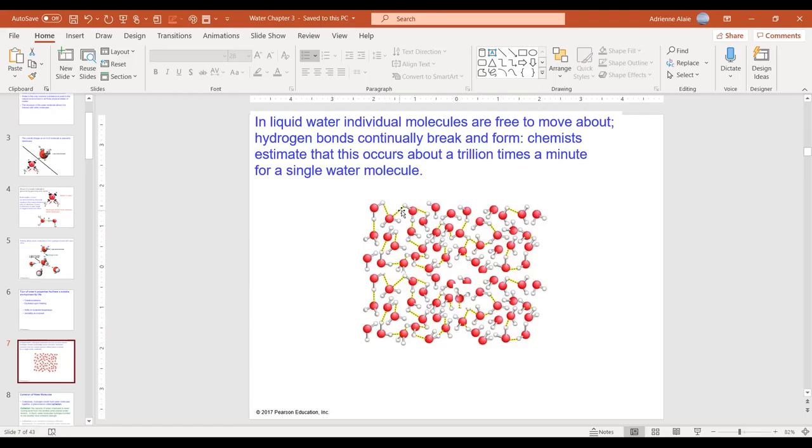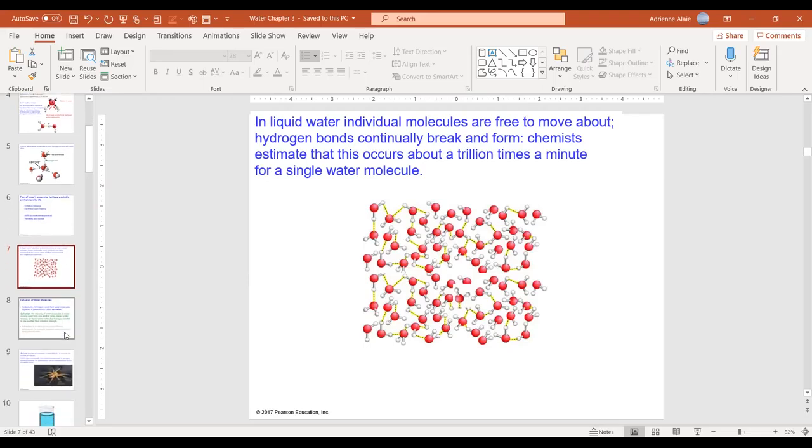So these are not long-lived bonds. Each individual hydrogen bond we learned in chapter 2 is not strong. It's also not long-lived. So these are constantly making and breaking hydrogen bonds. But there is strength in numbers, even overall, because so many hydrogen bonds are at any one instant in time existing.